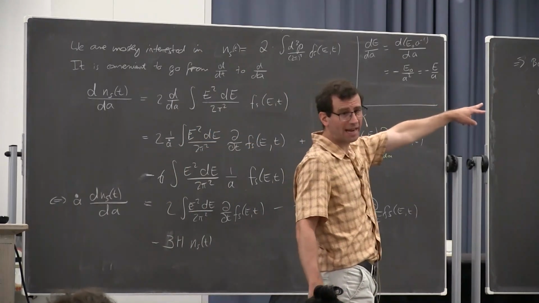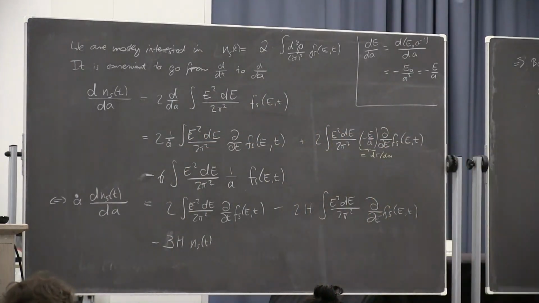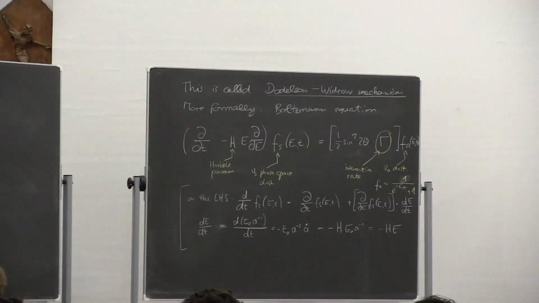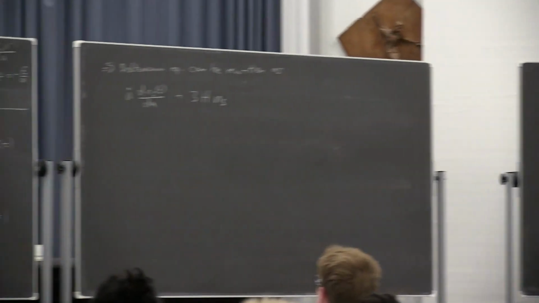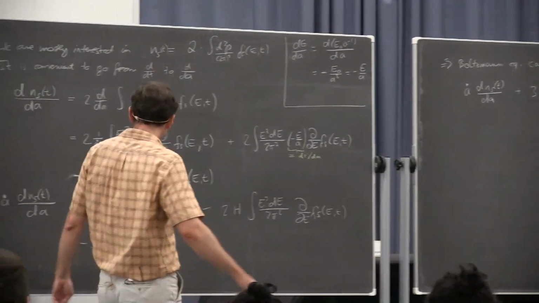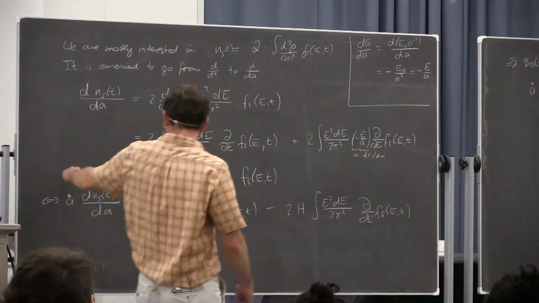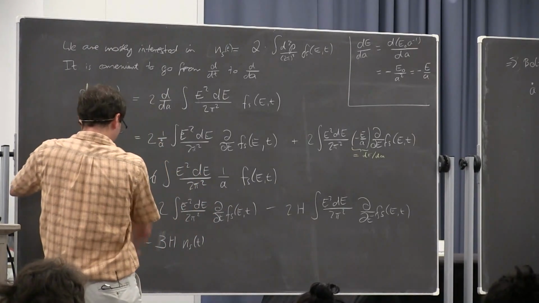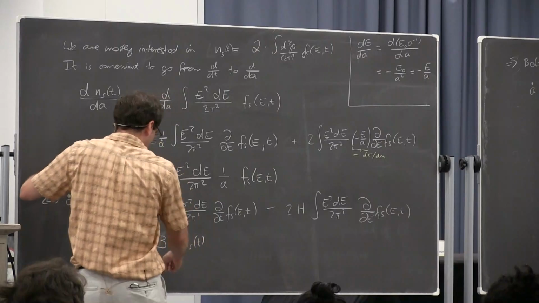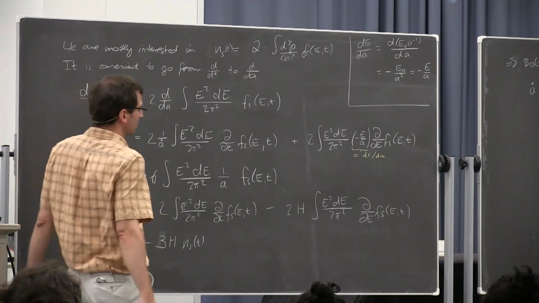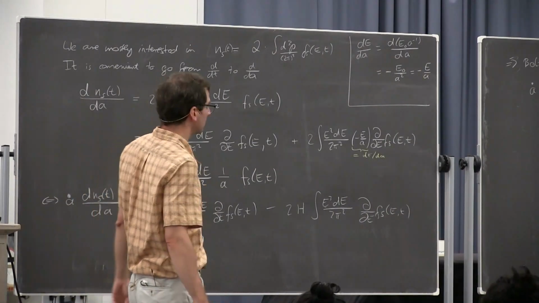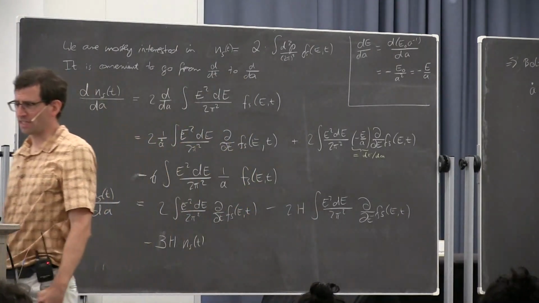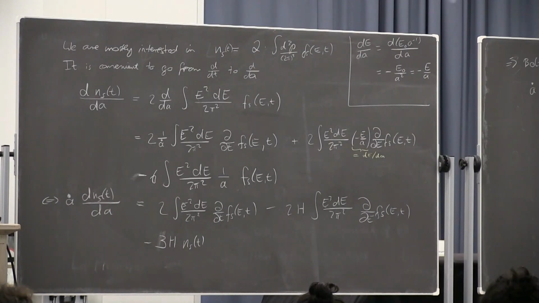I need to add this back in, right? So what I have on the left-hand side of my Boltzmann equation is the first two terms on the right-hand side here, integrated over momenta. So by this equation here, I can equal them to a dot dns over dA plus 3h ns brought to the other side of the equation. So that means the left-hand side of the Boltzmann equation has been somewhat simplified now.